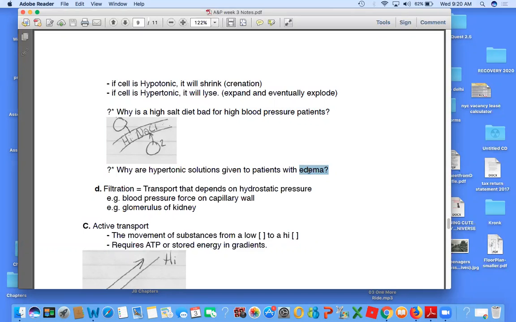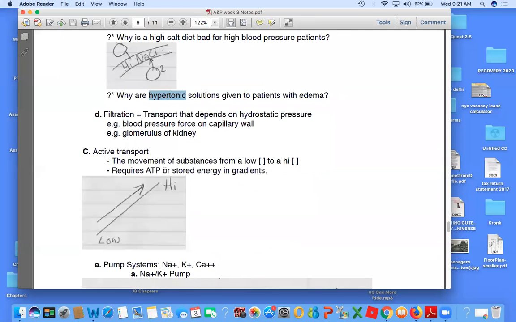Edema means swelling. If you have swelling, you take hypertonic solutions. In other words, these are types of salt solutions that pull water into the kidneys to remove more water from your body and prevent that swelling from building up. That's a treatment, like Lasix, different types of water pills that pull water out of the body. That's a treatment for edema.